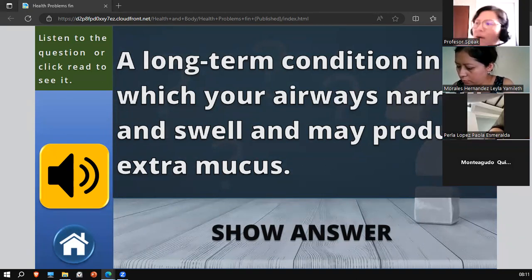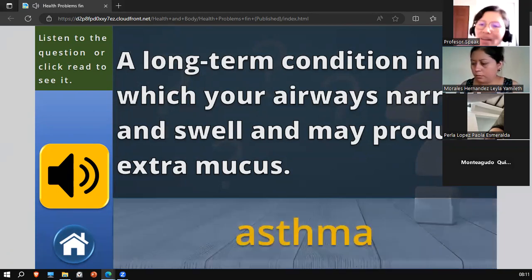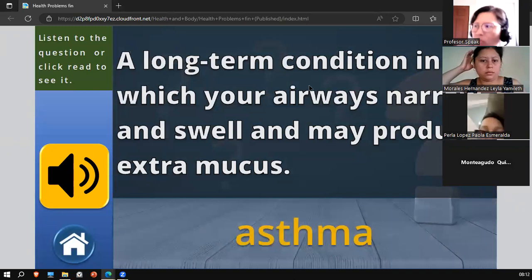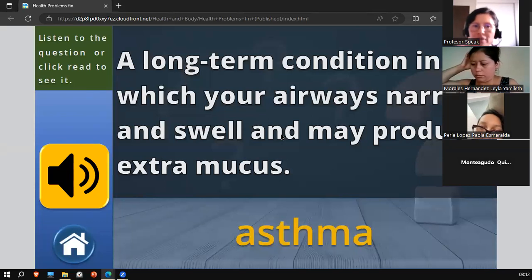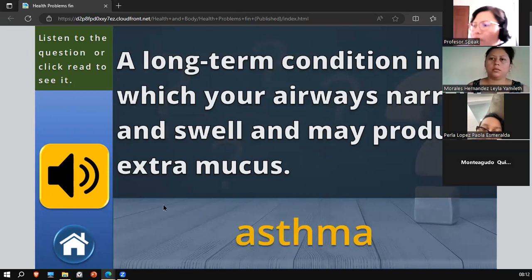Asthma. Veamos. That's correct. Very good, right? Is asthma. Because we're talking about airways, right? And also we're talking about narrow and swell. Se inflama, ¿verdad? Y se hace más pequeño el espacio, ¿verdad? Muy bien.